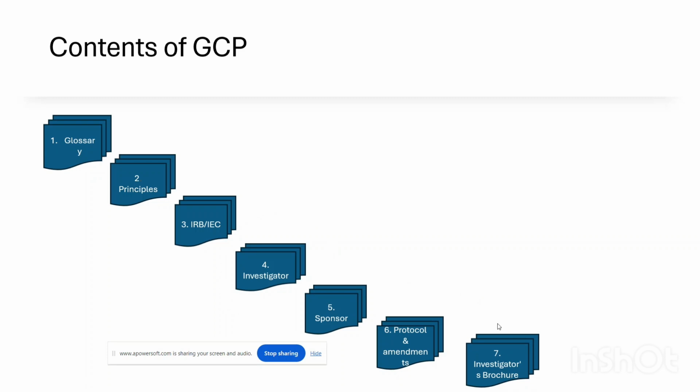It contains details like introduction, general considerations, summary, physical, chemical, and pharmaceutical properties and formulation of the product, non clinical studies, effects in humans, and summary of data and guidance for the investigator. This is the information contained in the seventh section, the investigator's brochure.